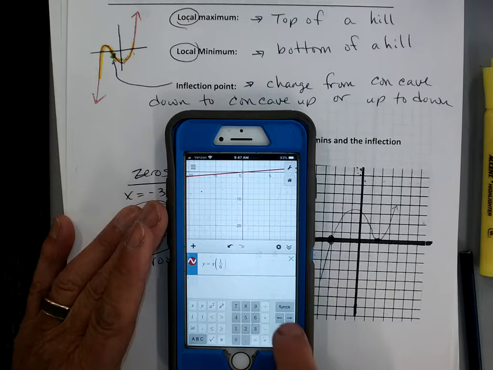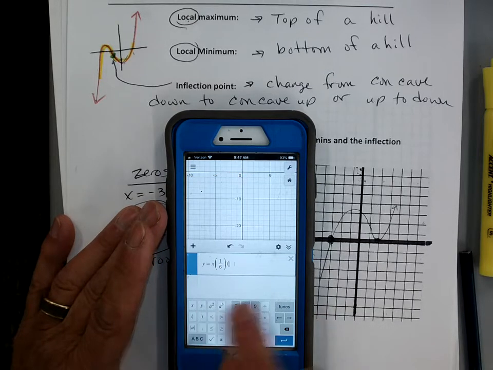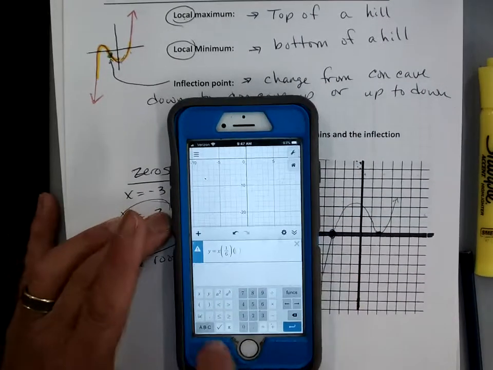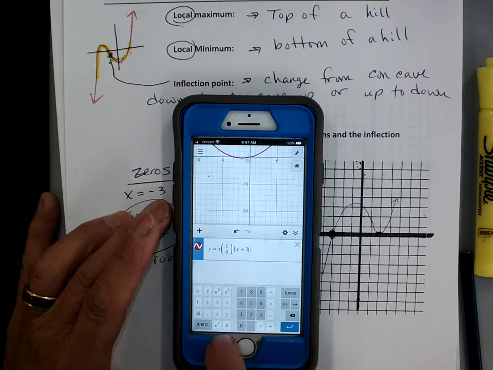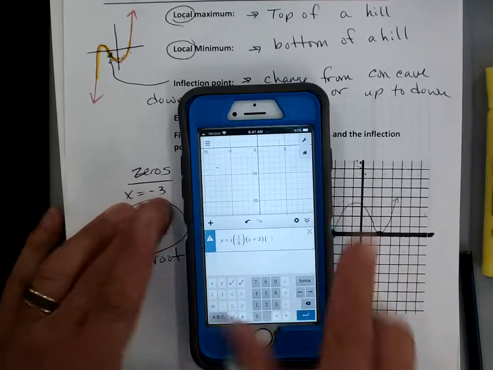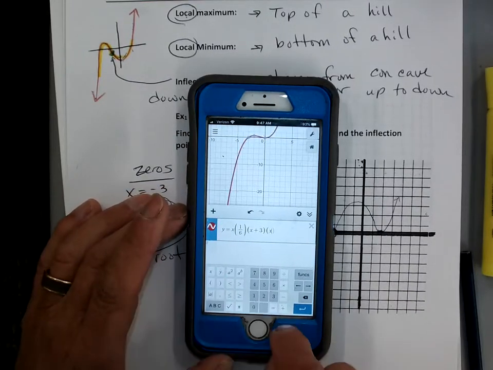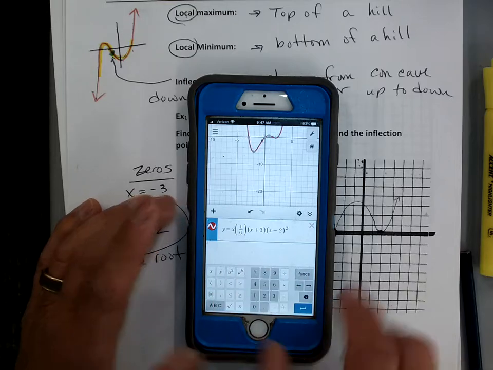Okay, 1/6, move it over. Parentheses. And then parentheses x plus 3. Parentheses. Parentheses x minus 2, parentheses squared. Okay, there it is.